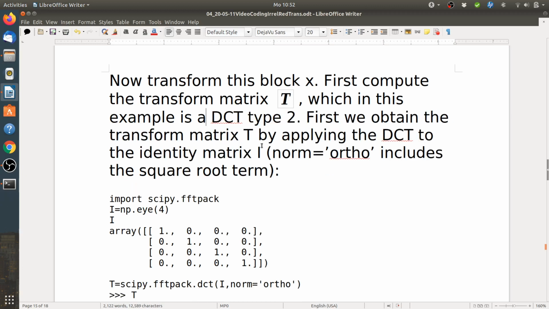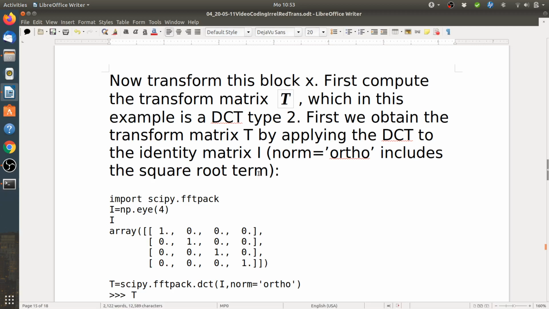First we obtain the transform matrix T by applying the DCT to the identity matrix. I'm taking the function DCT in SciPy FFTpack, and the function doesn't give me a matrix. It applies the function to a given vector, for instance. But I want to have the matrix now.